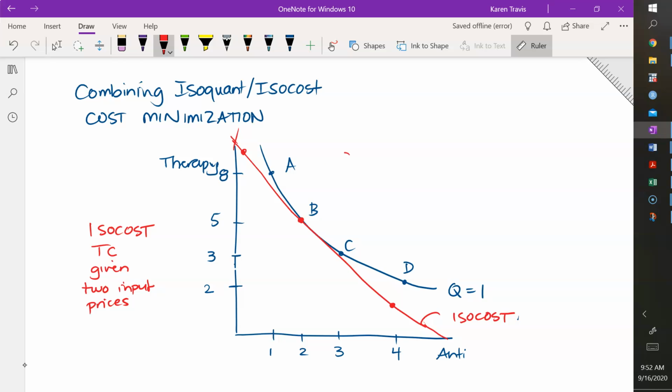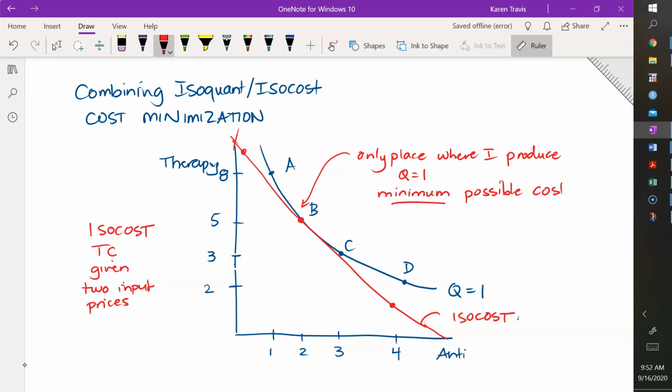So where it's tangent is the only place where I produce, in this case, one patient, and that means it is the minimum possible cost in order to produce one patient.